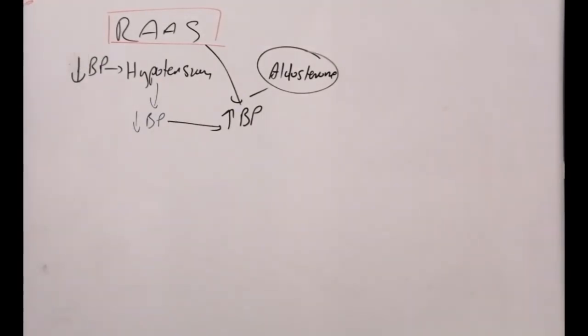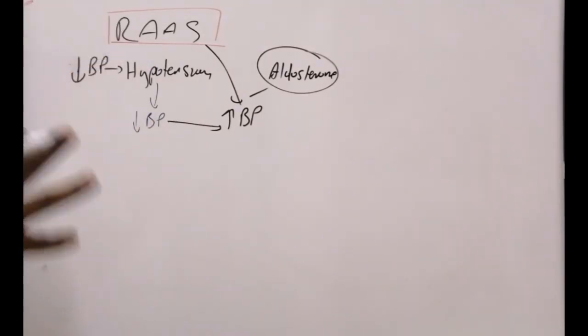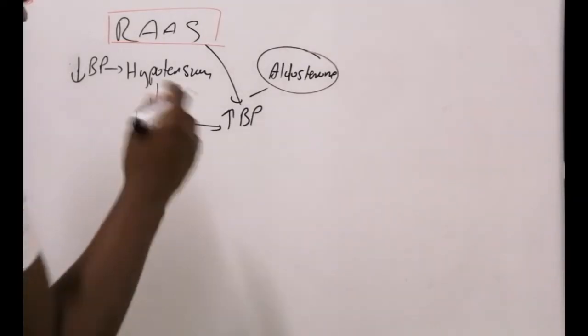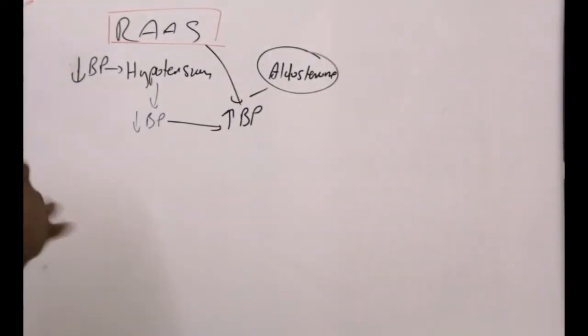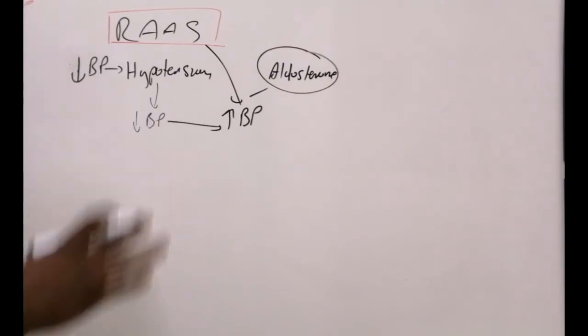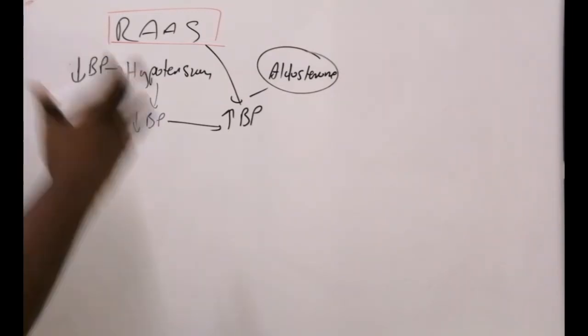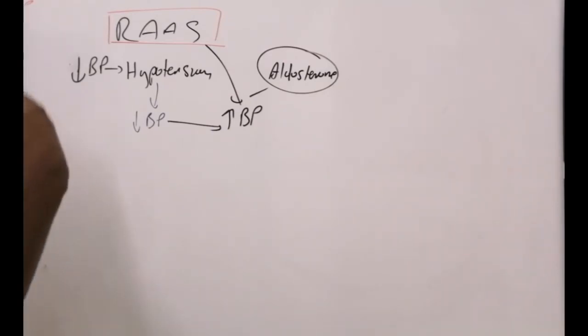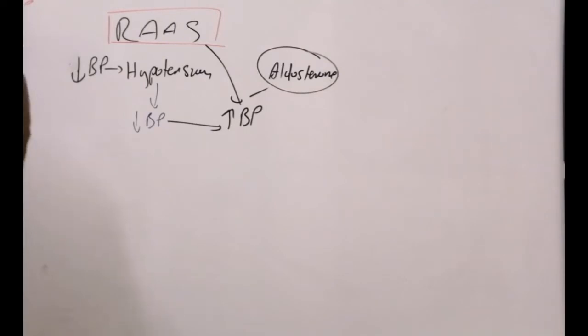And we know that along the pathway, before aldosterone can be released, angiotensin 1 must be converted to angiotensin 2. We know the story. It's prorenin, then renin cleaves angiotensinogen, then angiotensinogen is converted to angiotensin 1, and then angiotensin 1 is converted to angiotensin 2.